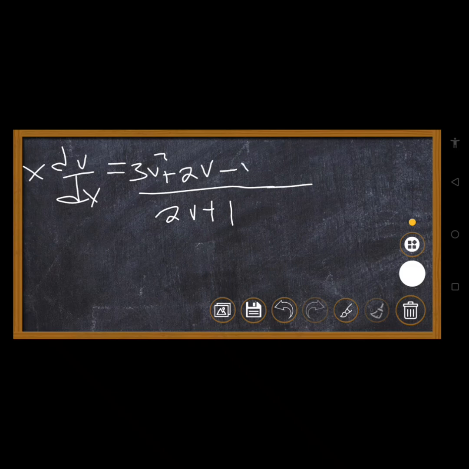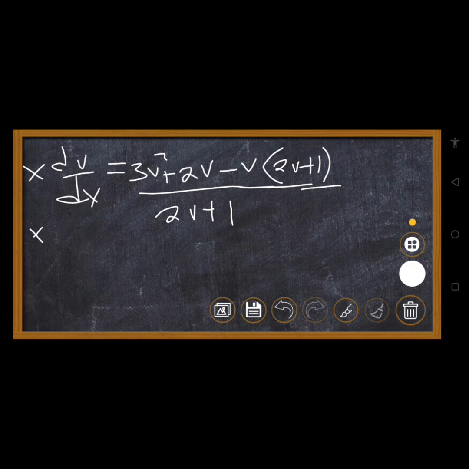Remember here we have v. 1 divided into 2v plus 1 is just 2v plus 1. So we are going to multiply this 2v plus 1 with v, which is on the right side. So in this case, let's simplify this.